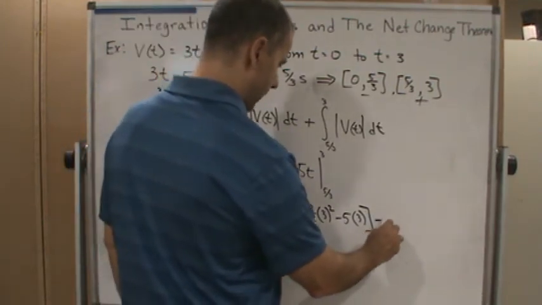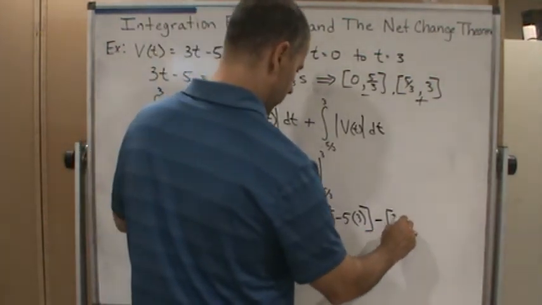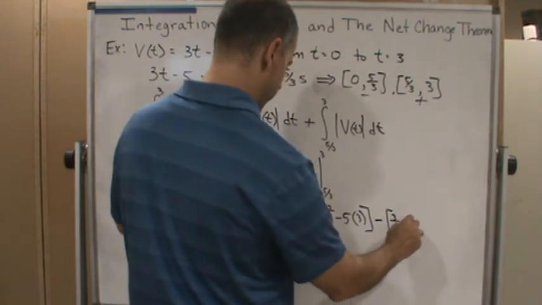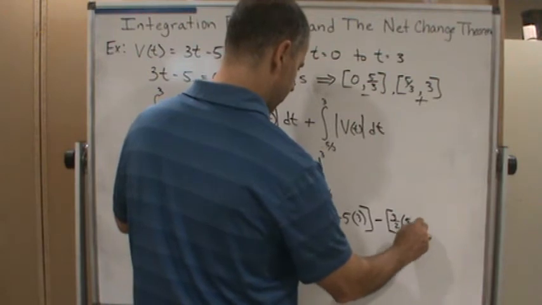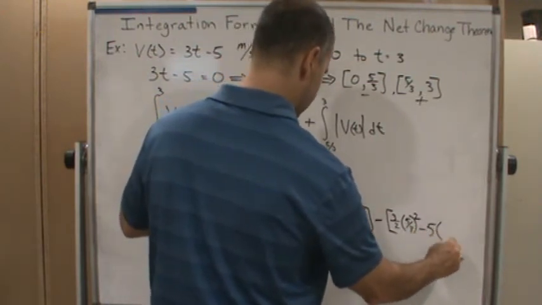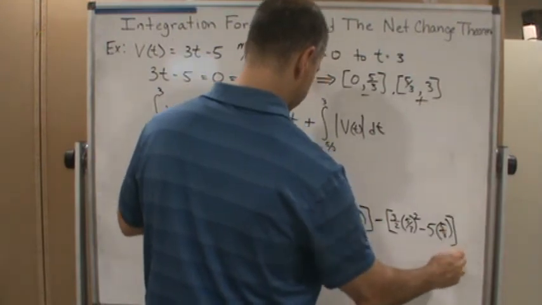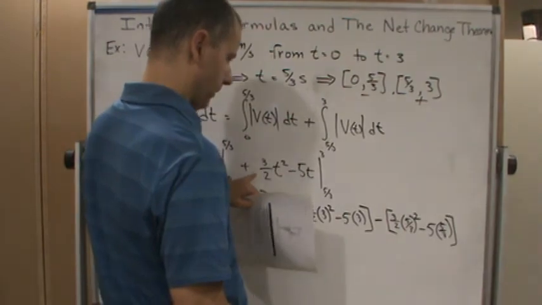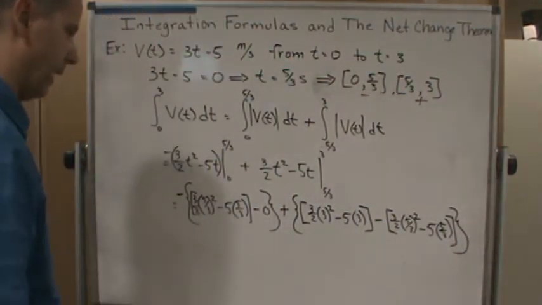Now I'm going to subtract off 3 halves times 5 thirds squared minus 5 times 5 thirds. Okay? I've got a lot of braces going on.